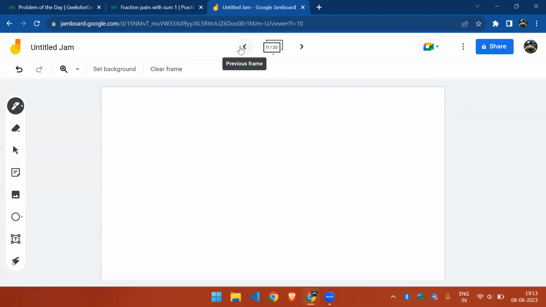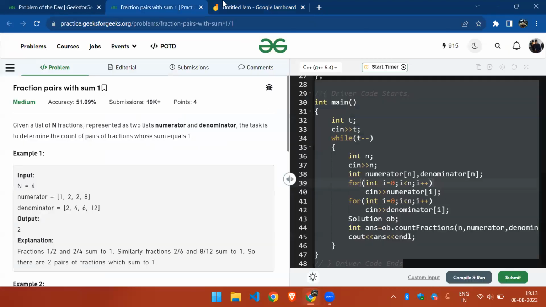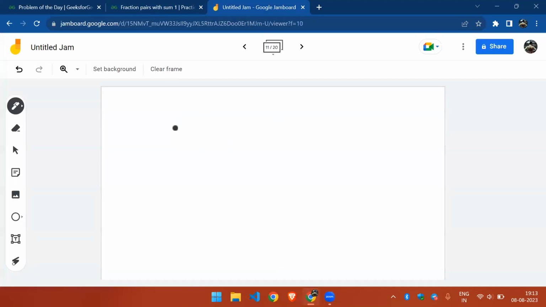Now let's consider the case of 1, 1, 1, 1. The numerator has all ones and the denominator has all ones, right?